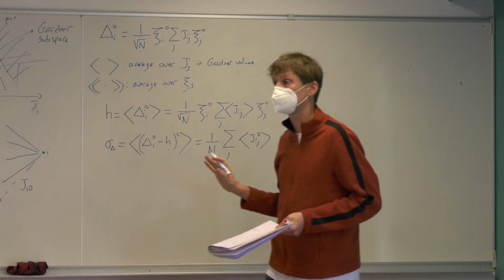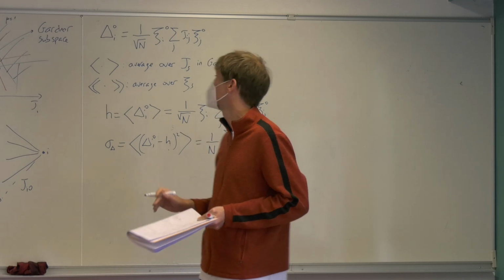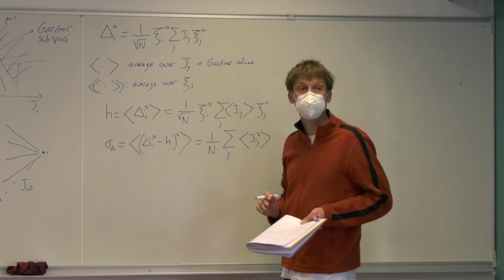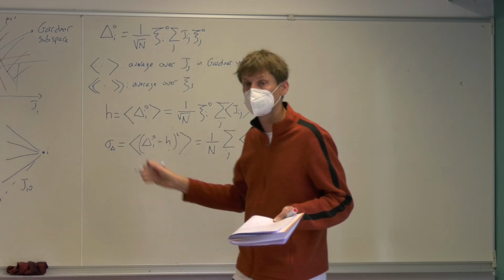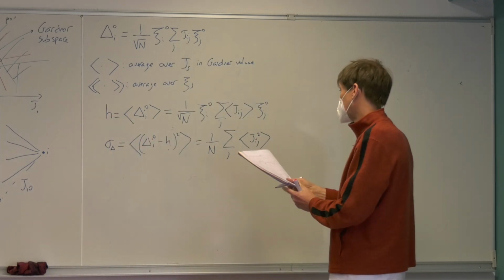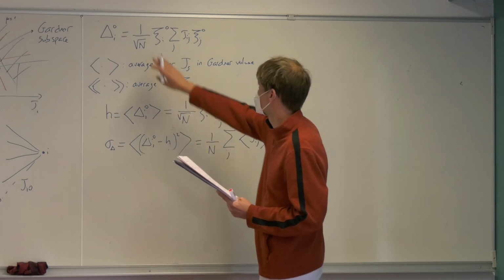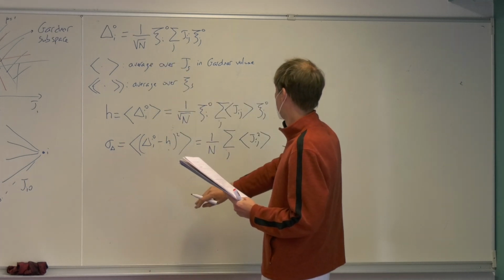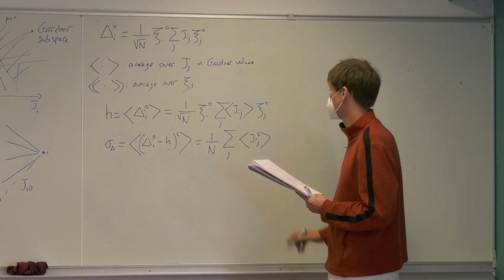We just make this assumption that essentially the correlations between J_ij's and J_ik's will be weak enough so we can neglect them. And so that's one assumption, basically. And so that gives us the average of delta i0 squared. And of course, we have to subtract the h squared from this.